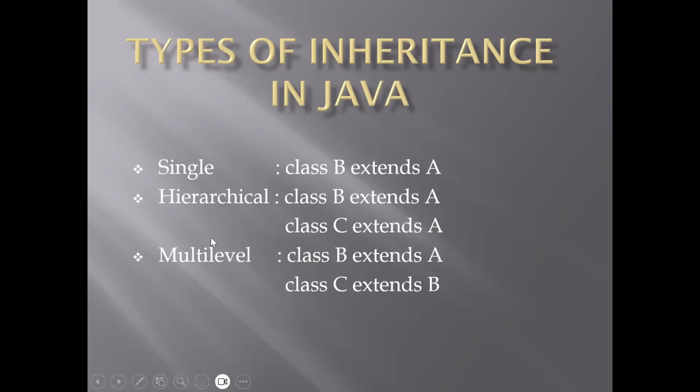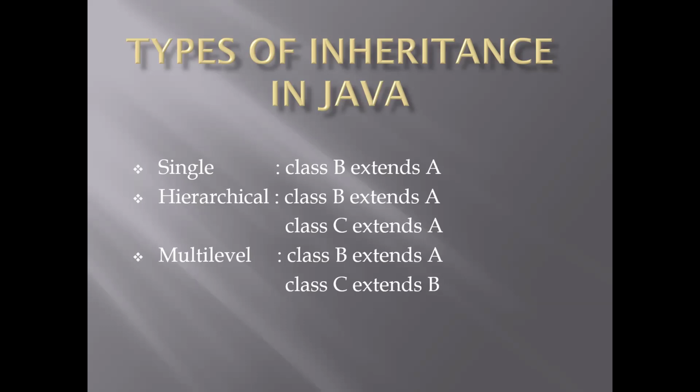Last, we have multi-level inheritance. Class B extends A and Class C extends B. Imagine that you are a child, you have a father, okay, but yeah, this father also has a father, and you are the grandchild.